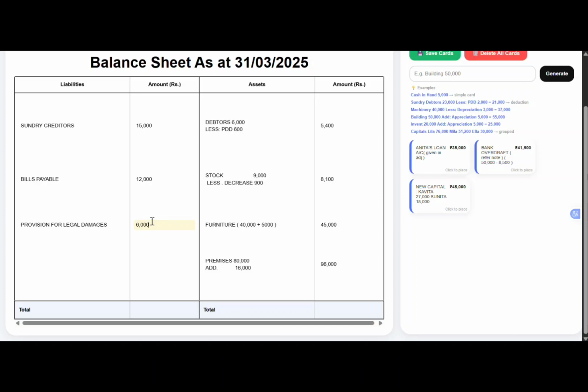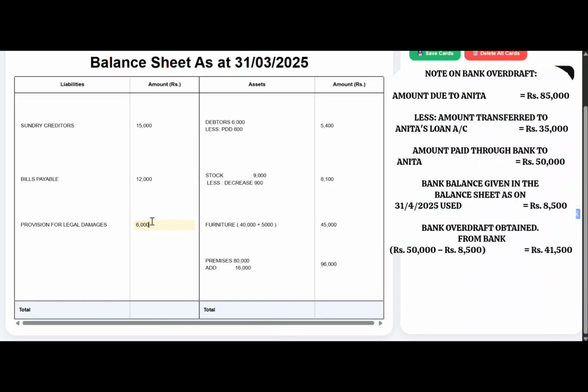Now, once we have recorded all these assets and liabilities, we are going to write down how the retiring partner is settled and what is the new capital of the continuing partners. As per the adjustment, the retiring partner Anita is to be settled partly as loan and partly through the bank.